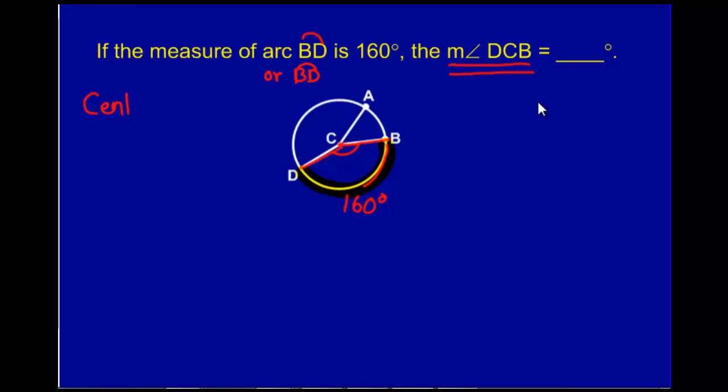We want to think central angle equals the intercepted arc. Therefore, if this arc is 160 degrees, the measure of angle DCB will also be 160 degrees. Again, the central angle equals the intercepted arc.